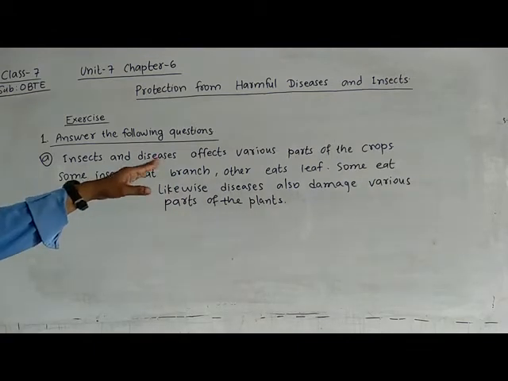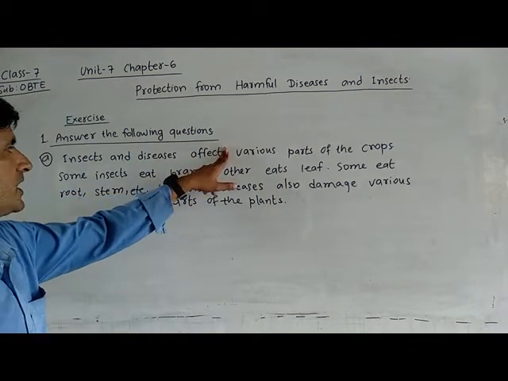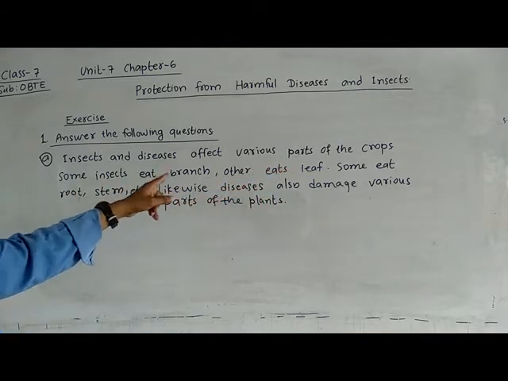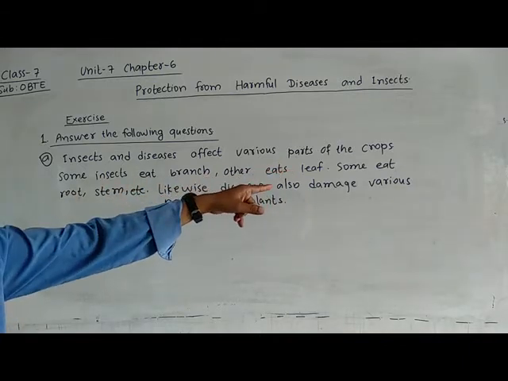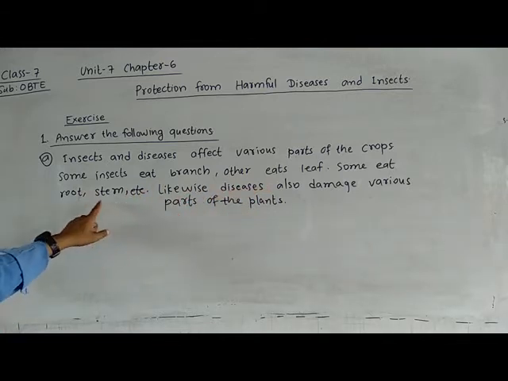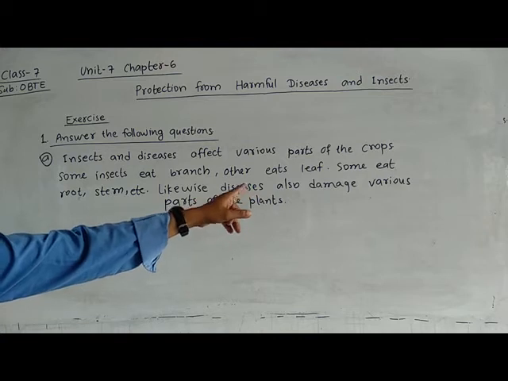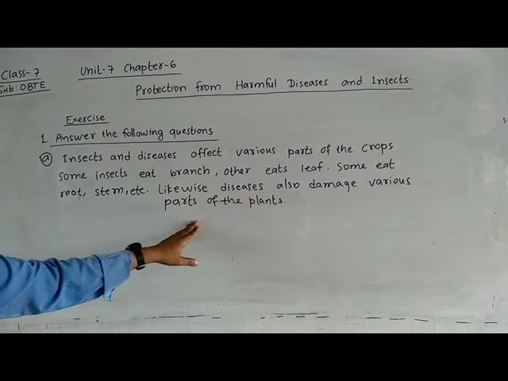Insects and diseases affect various parts of the crops. Some insects eat branch, others eat leaf, some eat root, stem, etc. Likewise, diseases also damage various parts of the plants.